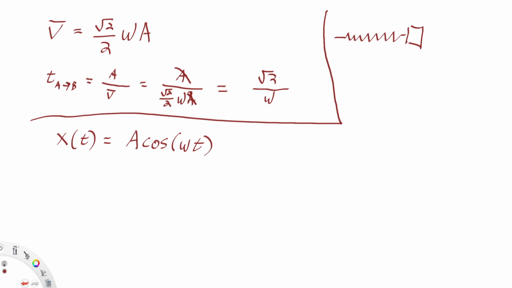How can we check whether this proposal meets what we already know about the motion of a spring?